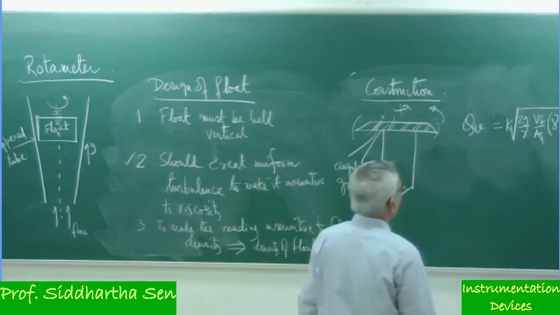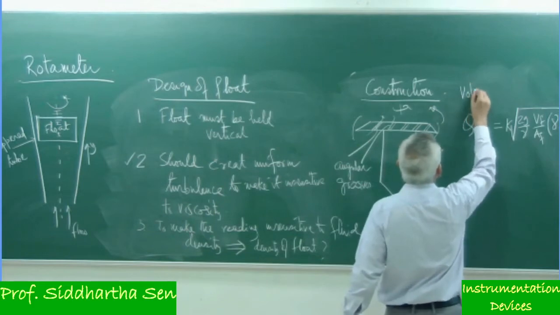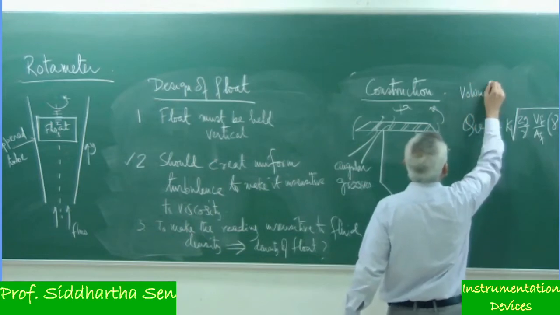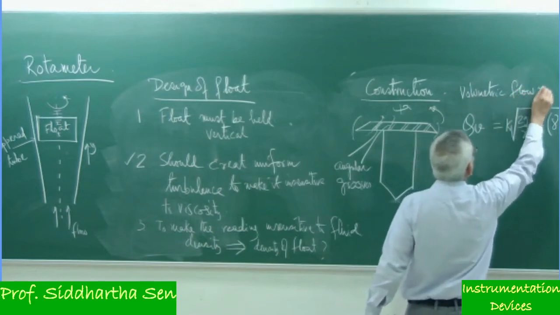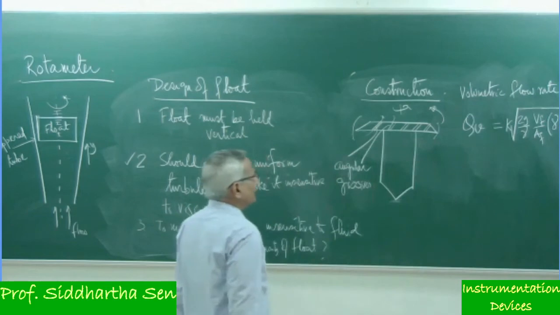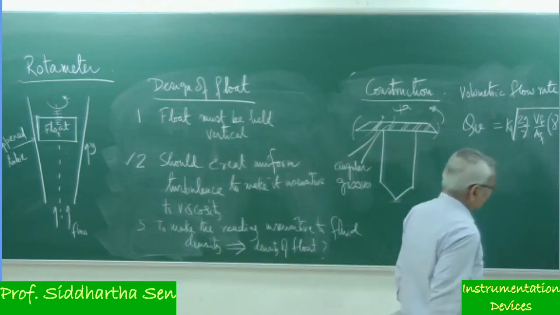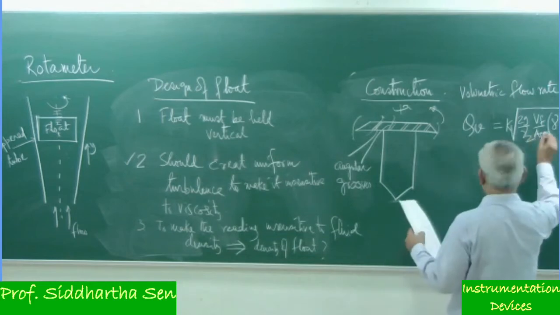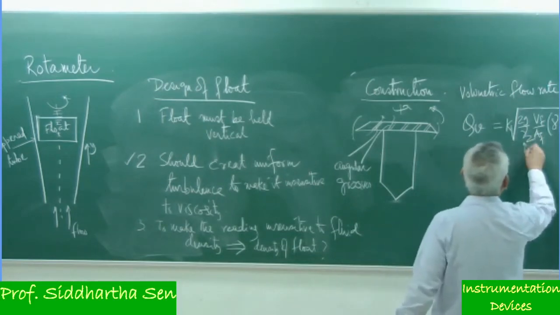We call this the volumetric flow rate. So, we can see that gamma 2 is the fluid density.